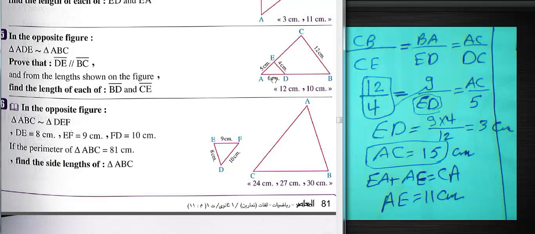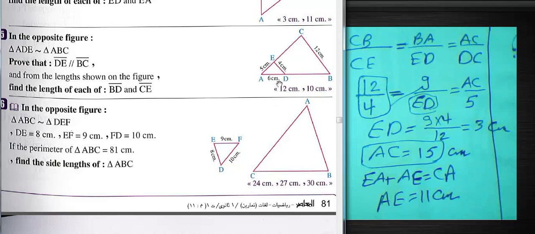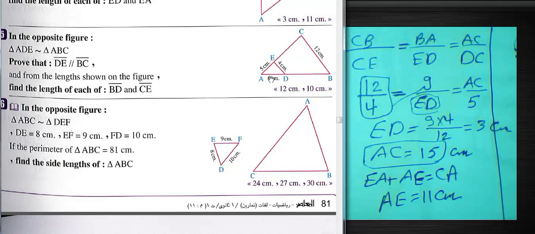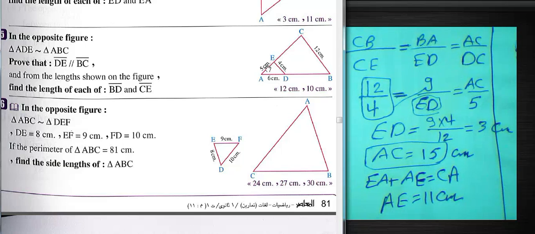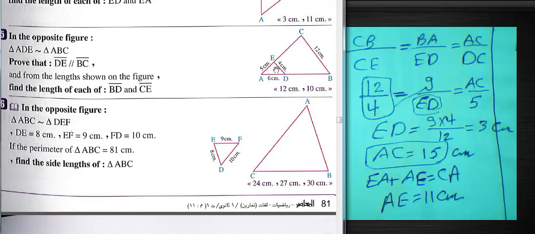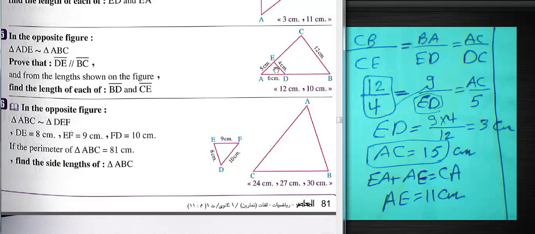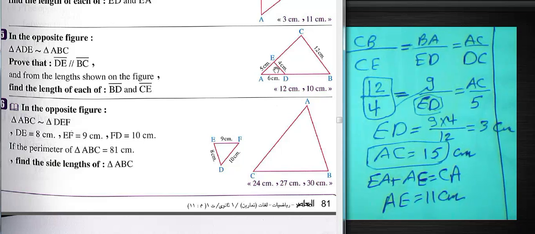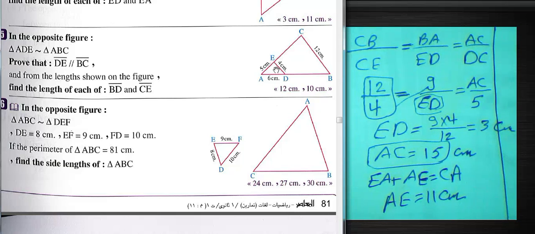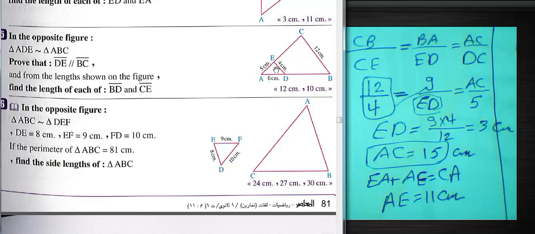So look here, if we write the ratio between triangle ADE and triangle ABC, we can find the interior angles, corresponding angles or alternate angles. It's easy for you.